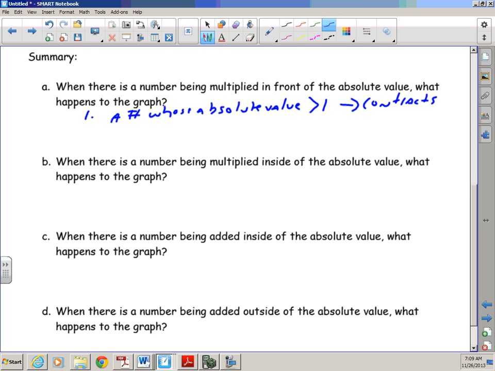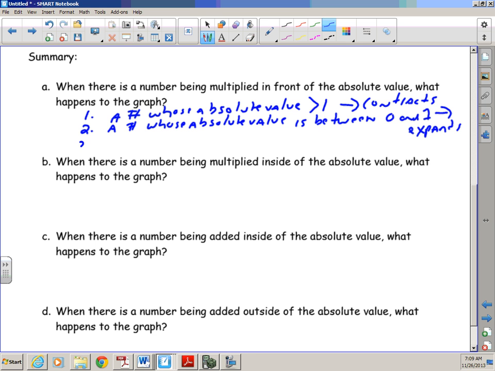Okay. Number 2, a number whose absolute value is between 0 and 1 expands. That was what the 1/2 did.